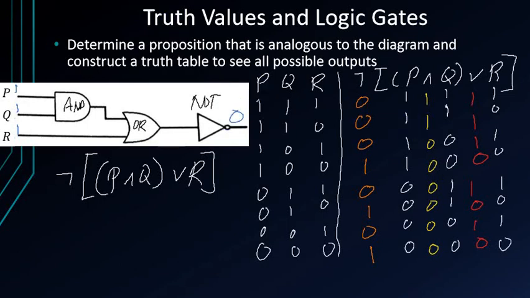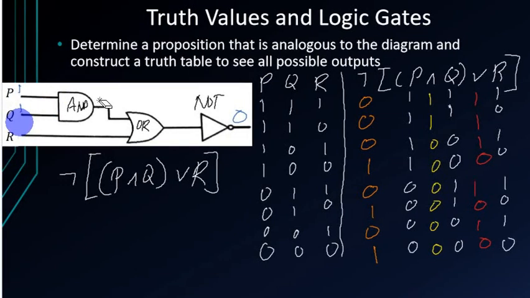If we place ones in both P and Q but make R a 0, then what comes out here would still be 0. So the truth table is telling us what would be the possible output here in orange given the specific combination of inputs from the three starting points P, Q, and R.